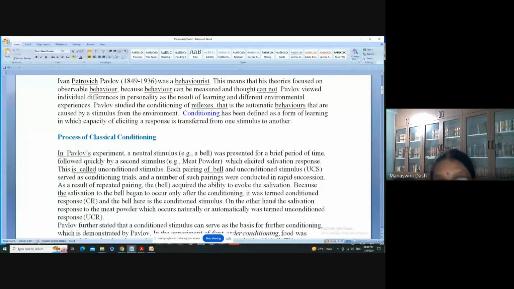Salivation to the sound of the bell is called conditioned response. So the bell is the conditioned stimulus, food is the unconditioned stimulus, and salivation to the sound of the bell is the conditioned response. Salivation to the food is called unconditioned response.